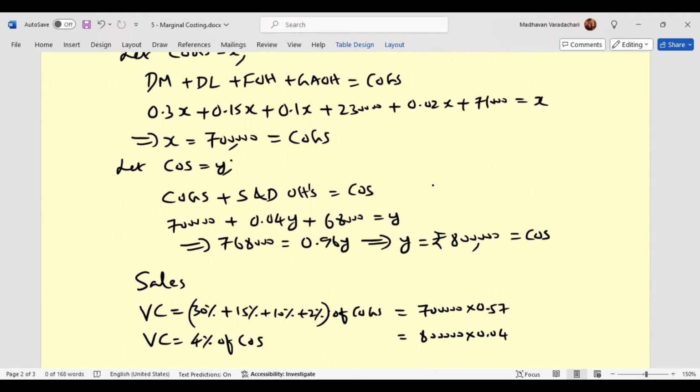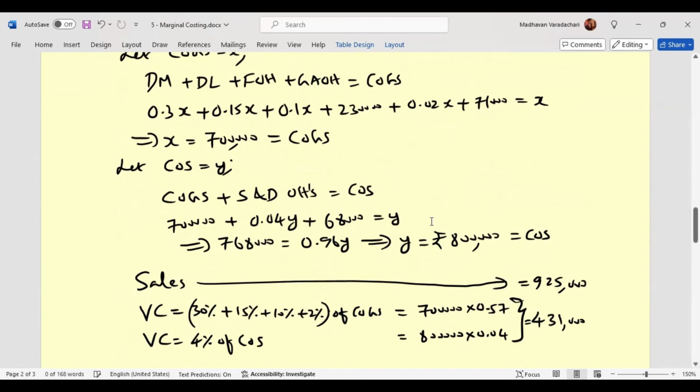So together, if we calculate this, we will get 4 lakh 31,000. Sales is known to be 925,000. Let's say this is sales.